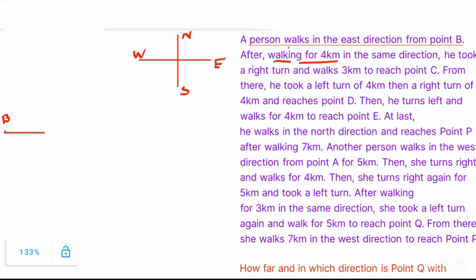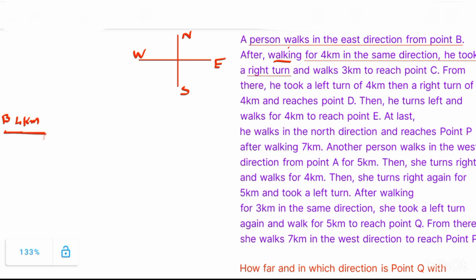After walking for 4 kilometer in the same direction, he took a right turn. So he walks for 4 kilometer in the same direction. He is coming here from here to here and then he takes a right turn.